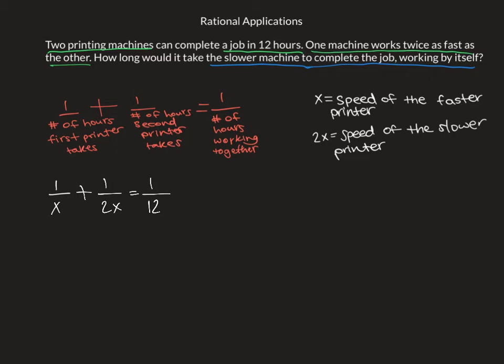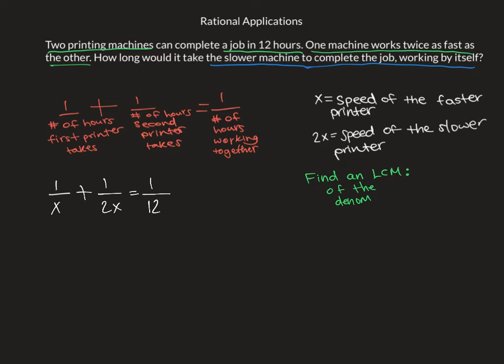Now what do we do from here? Our next step would be to find an LCM of all the denominators. So between x, 2x, and 12, what's the least common multiple?